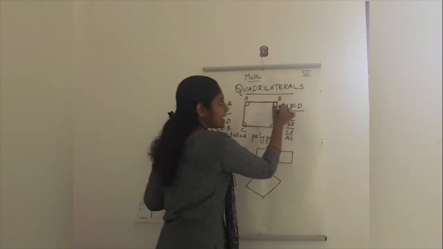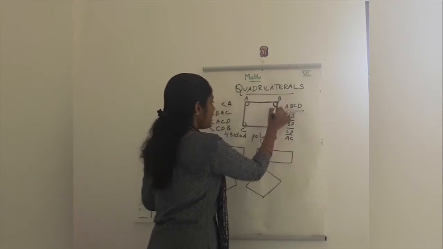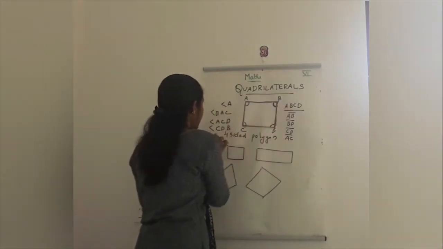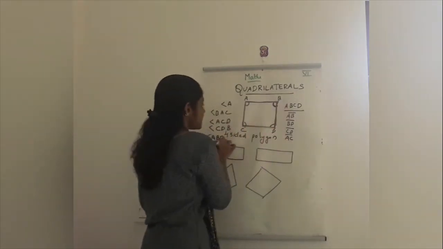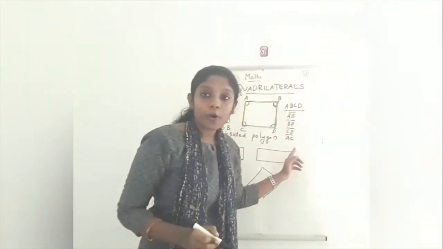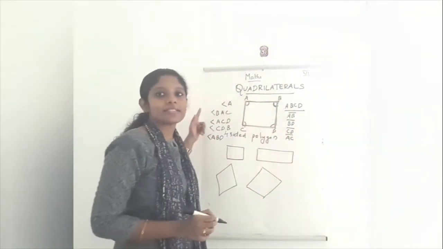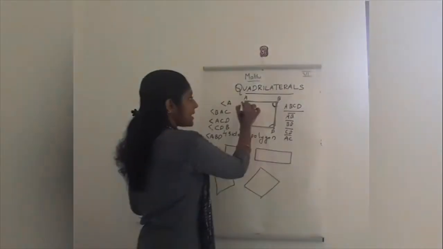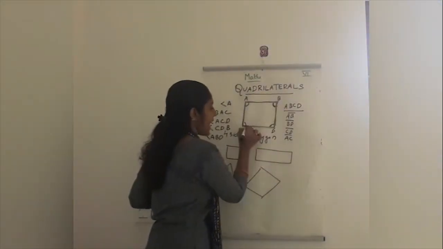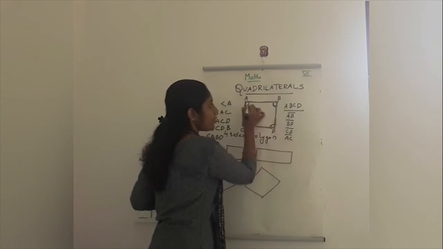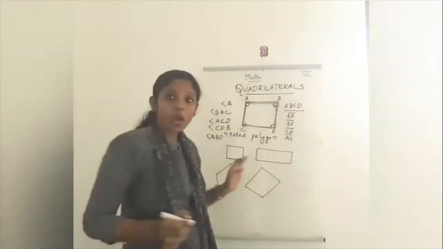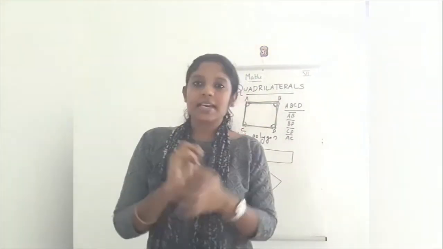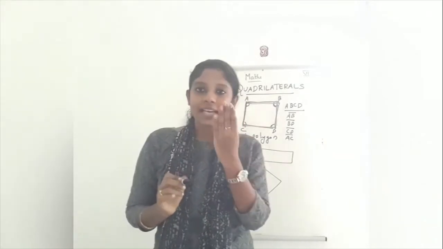And angle ABD. So a quadrilateral has 4 sides and also 4 angles: angle A, angle B, angle C, angle D. Now both are clear. A quadrilateral is a 4-sided polygon. It has 4 sides and 4 angles.